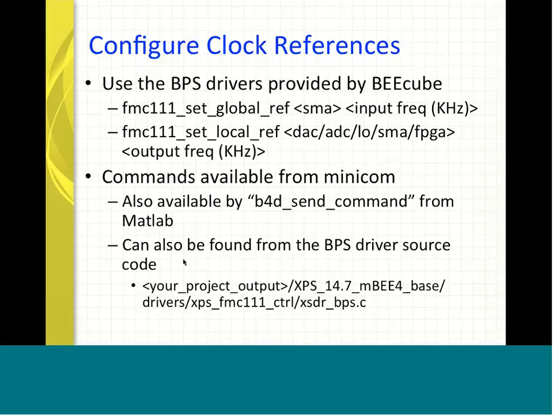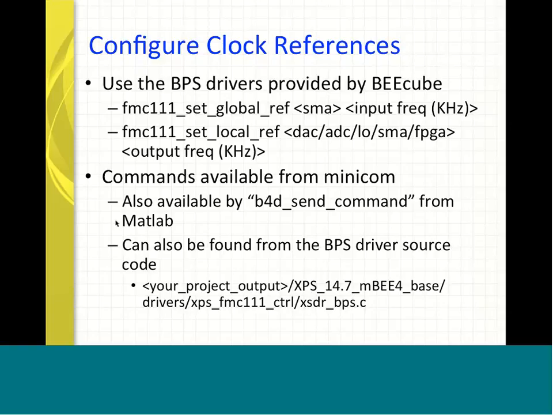In addition, you can use another command, FMC 111 set local reference, local ref. This particular command allows you to change the clock or the sampling frequency of each individual component. So the DAC, ADC, the local oscillator and the FPGA reference clock can all be changed independently from each other.